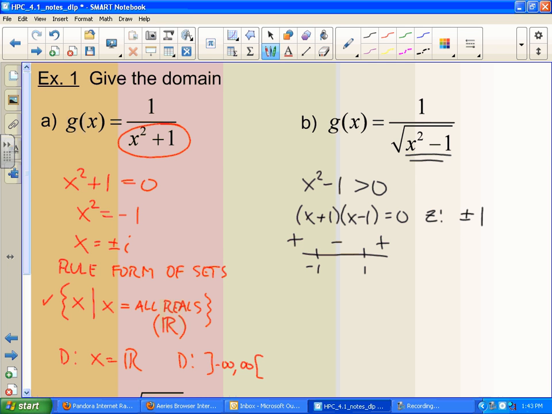And so I'm interested in anything from negative infinity to negative 1, but don't include negative 1. And then from 1 to infinity.